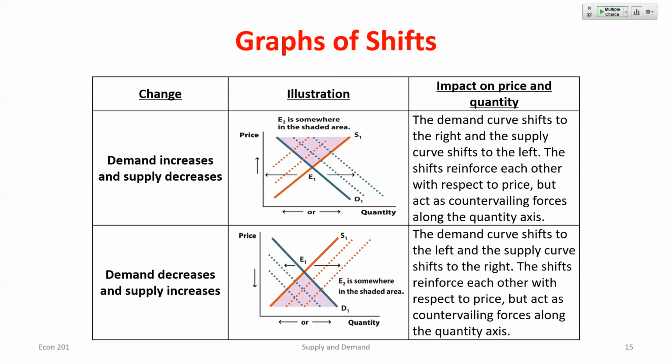This would be a type of problem where I have to give you a little more information. So we've got taxes increasing. That's going to impact which curve, supply or demand?